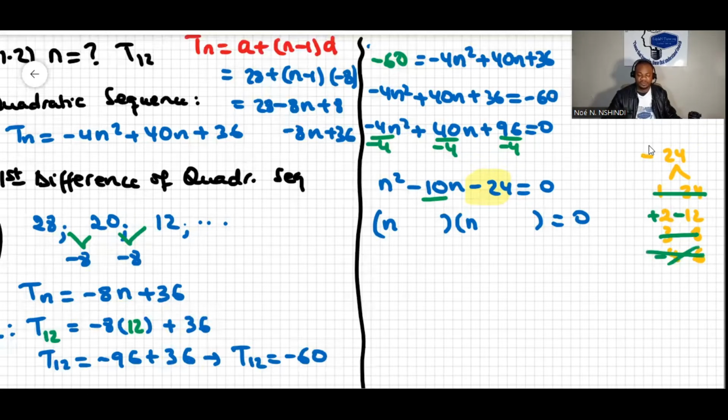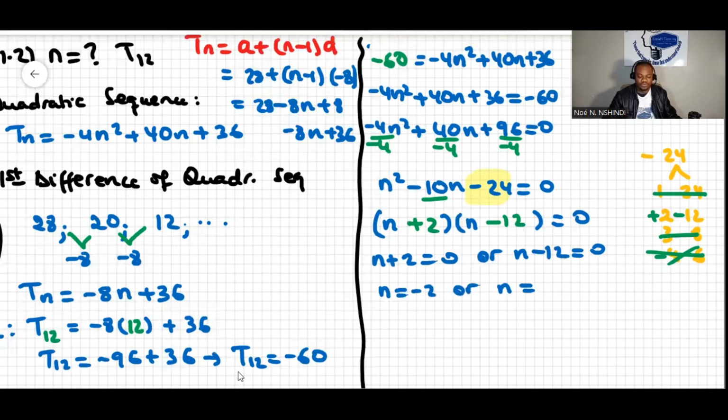Then I will take +2 and -12. Now remember the property in math that says if A times B equals 0, then A equals 0 or B equals 0. So when n plus 2 equals 0 or n minus 12 equals 0, this means n equals -2 or n equals 12. Now remember that n here is only a positive integer, so -2 is not an acceptable answer. The correct answer is n equals 12.